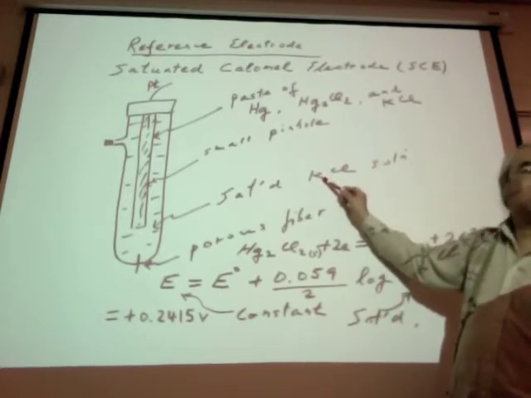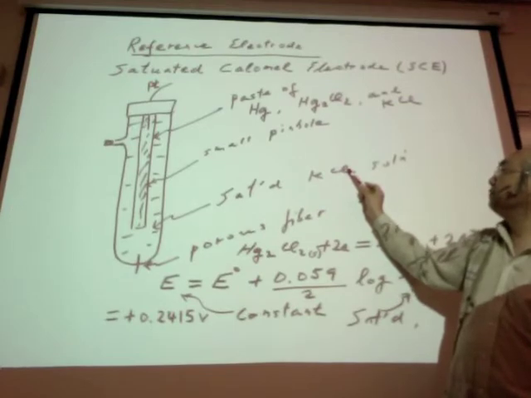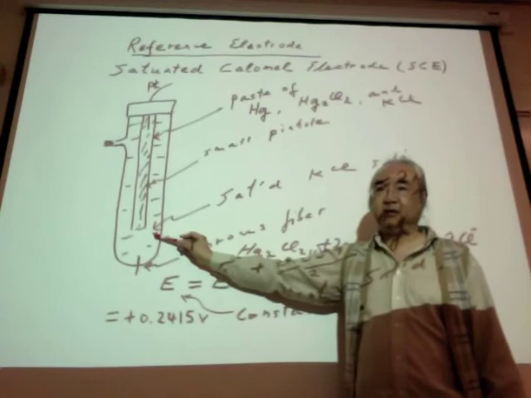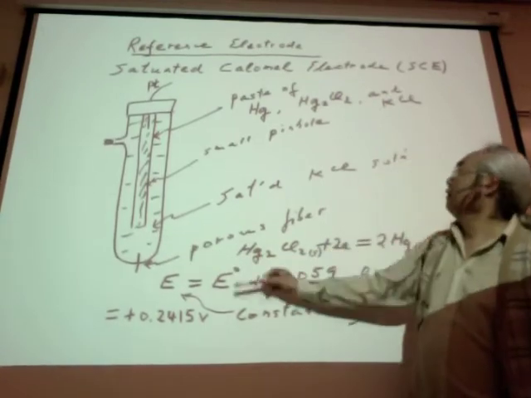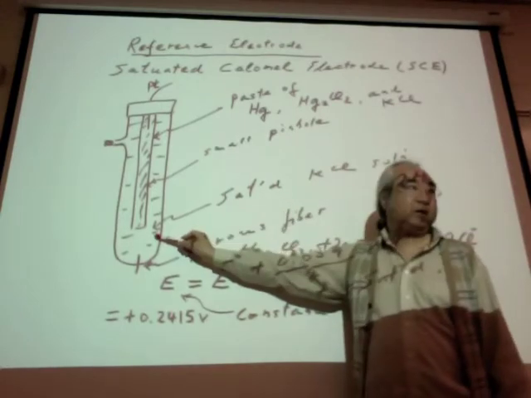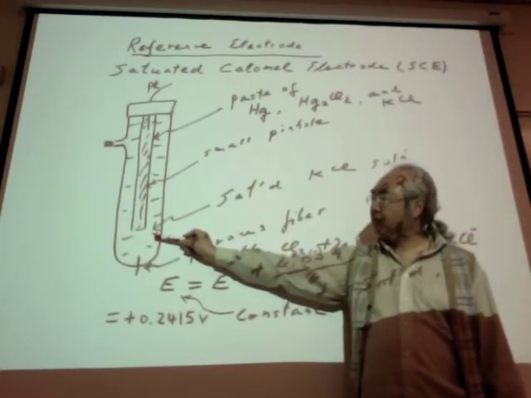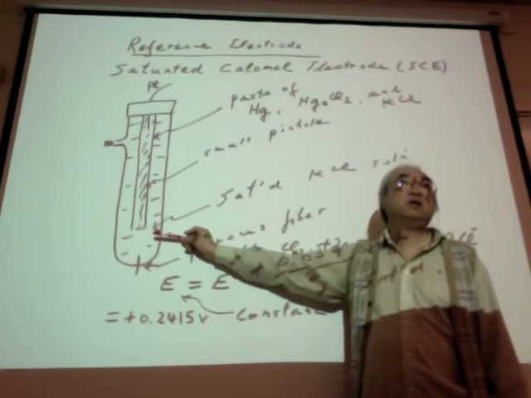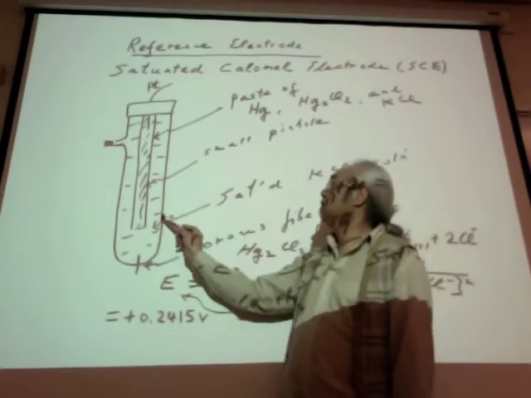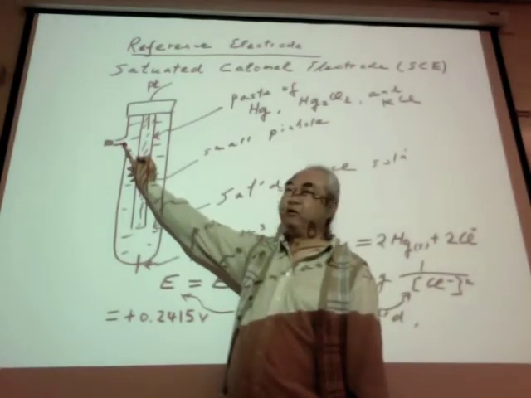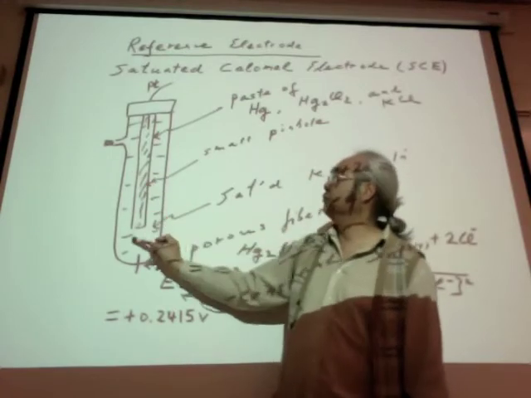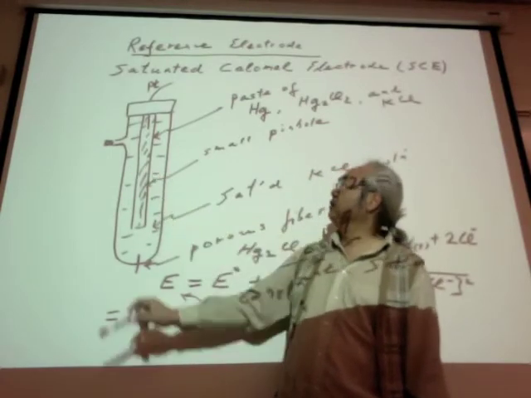So it's K plus and Cl minus. It is saturated, therefore the concentration is constant. When this concentration is constant, the ion mobility inside is constant, and therefore the potential inside is constant. Then there's a filler hole to make sure you have this internal solution filled.